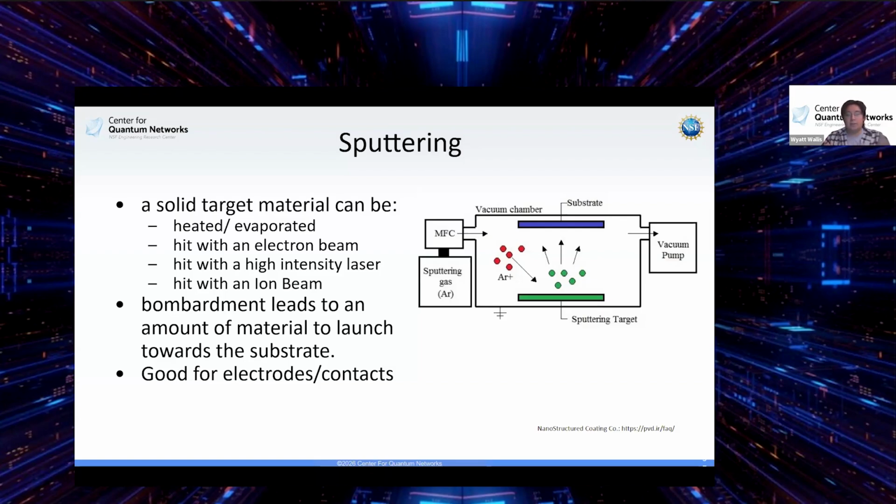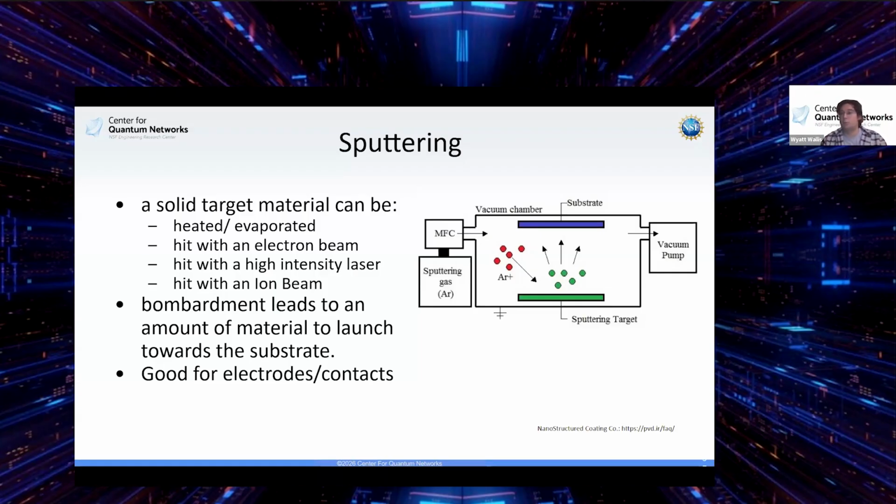And then several different things can happen. One of them is that it's heated up to high heat, which will then expel atoms from this material or molecules, depending on what it is. Or, and this is the one, if I remember right, we have at the U of A, it uses an electron beam that will very physically and very violently strike the sputtering target, which will then cause material to fly towards your substrate.